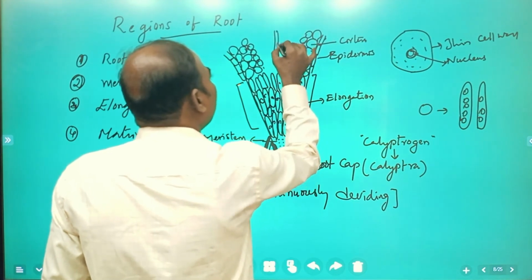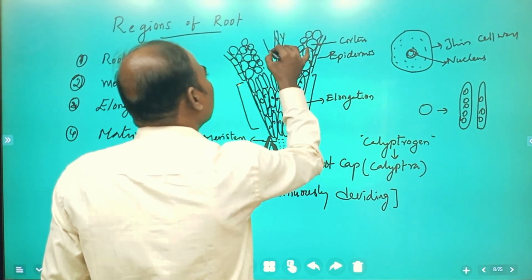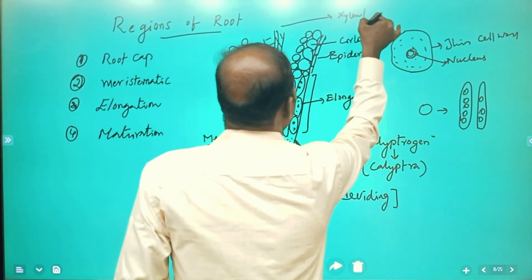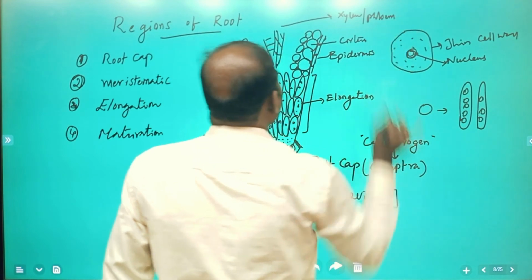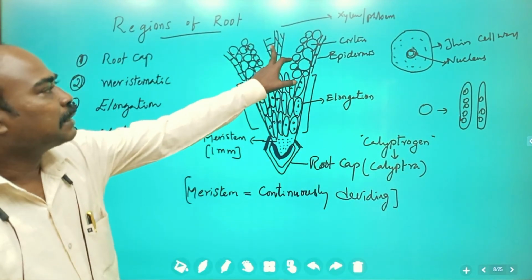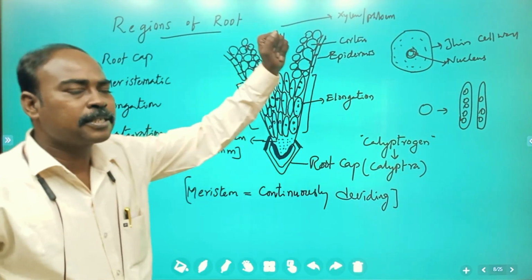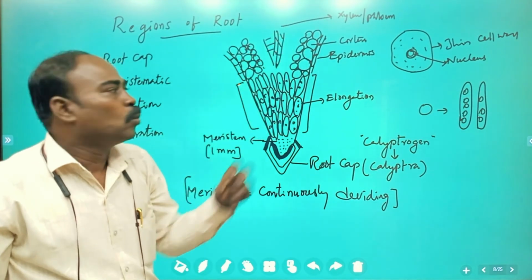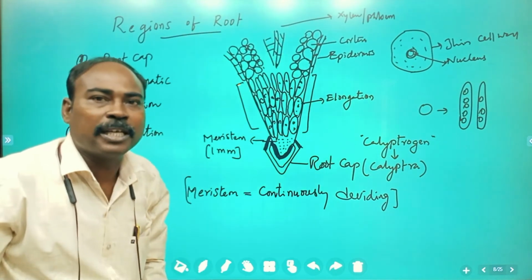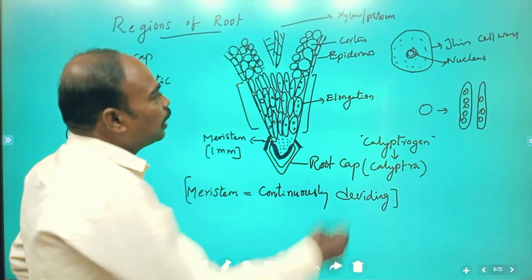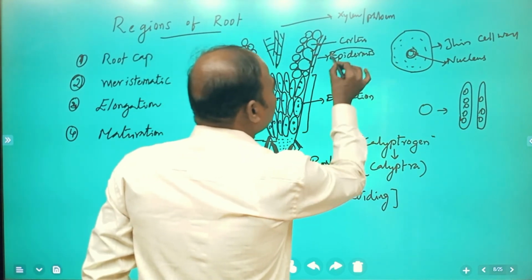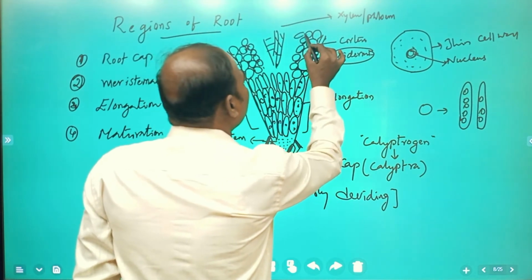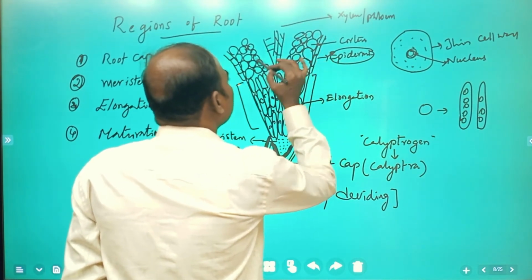Some of them are modified as tracheids and vessels, which take part in conduction. So at the middle, the tracheids and vessels as well as phloem tissues are developed, which participate in conduction of water from the root to the shoot. At the outermost region, the epidermis is formed, which is a protective layer. Then the middle cortical zone is developed, the cortex.